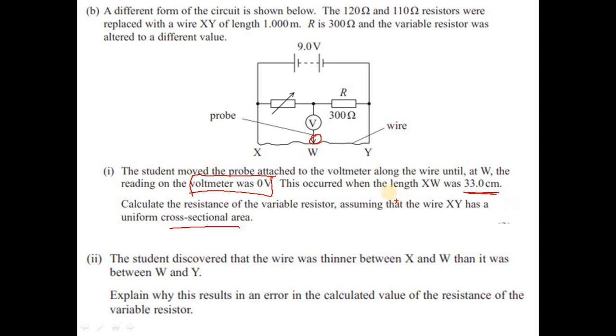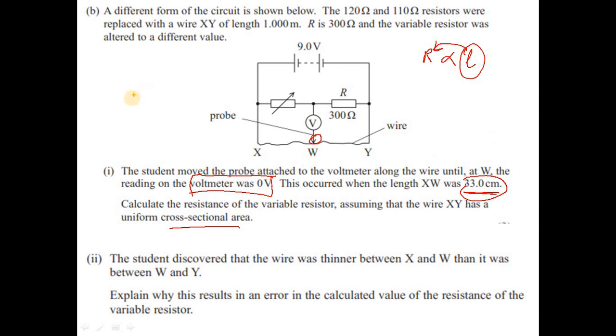Again, same question. Instead of resistances, they gave us the length, and you know that resistance is proportional to the length, so we can use length as the resistances.